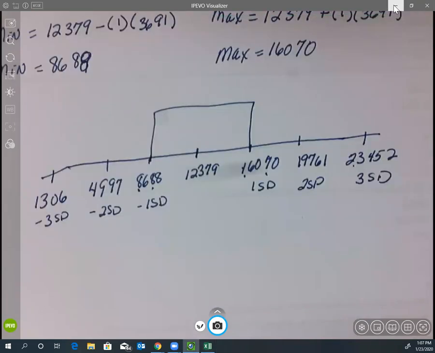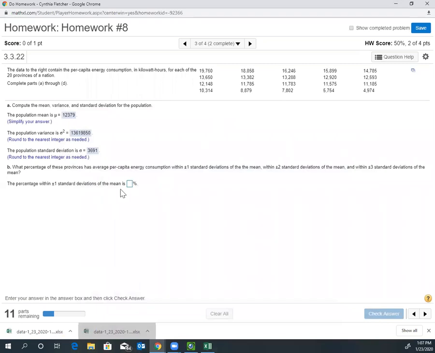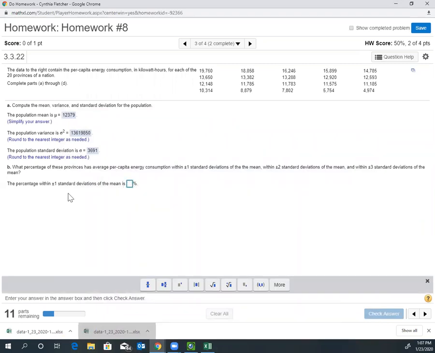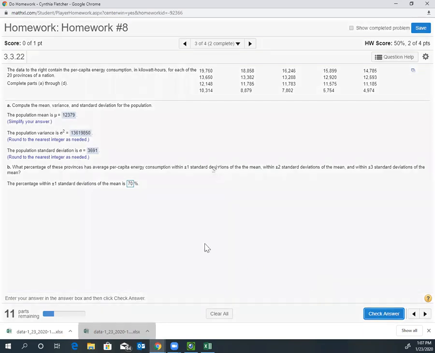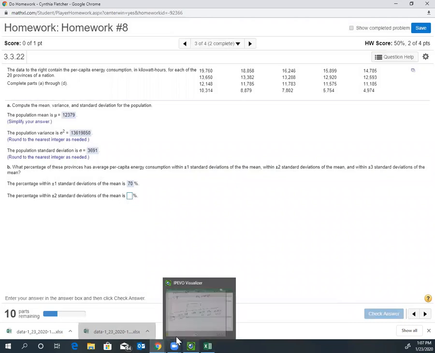Okay, so let's go back to our problem. It says the percentage that falls within one standard deviation, we got 70%. On the next one, the percentage that falls within two standard deviations.